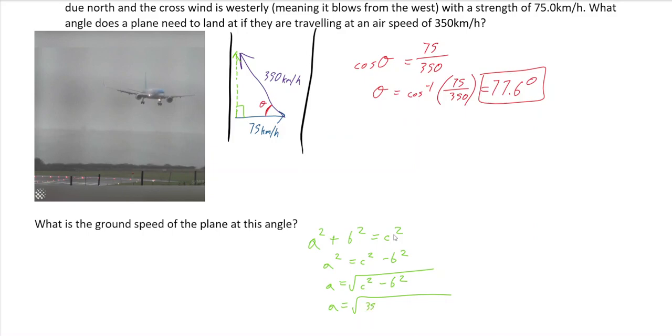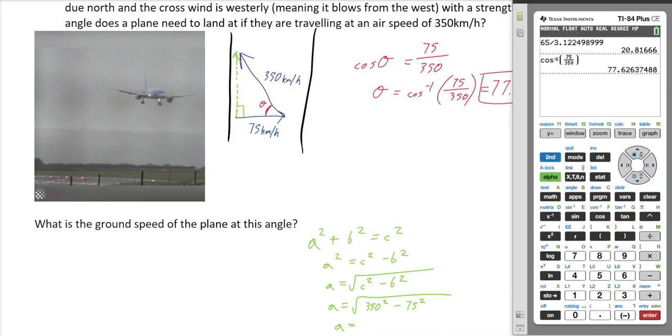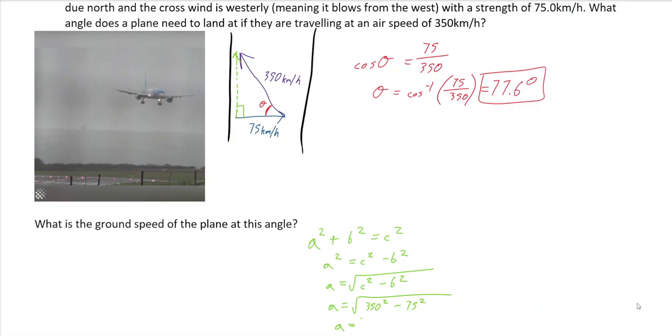So 350 squared minus 75 squared. So A equals 342 kilometers per hour.